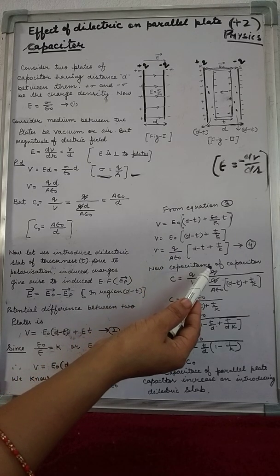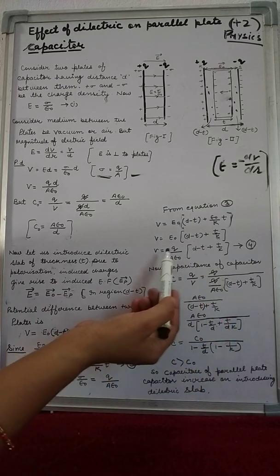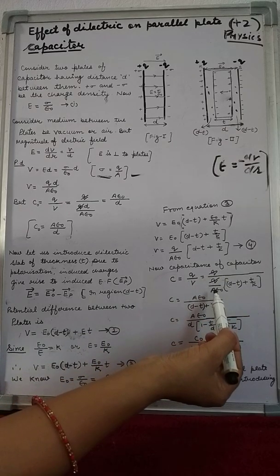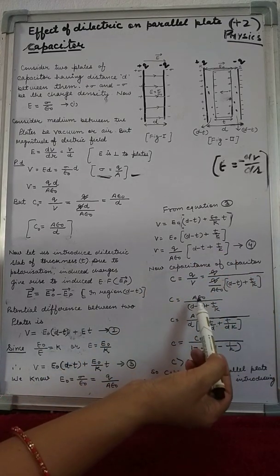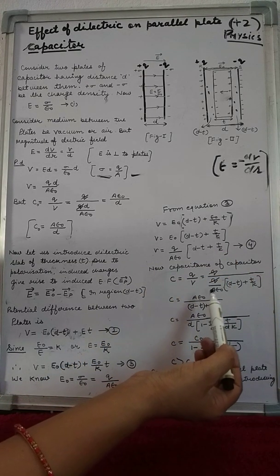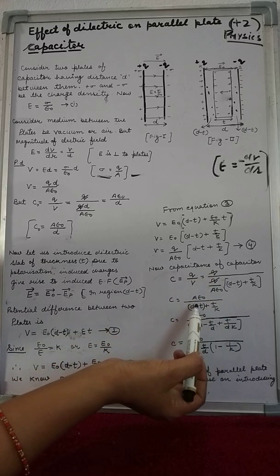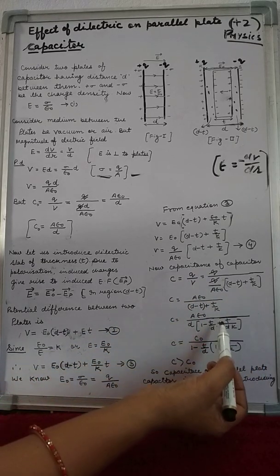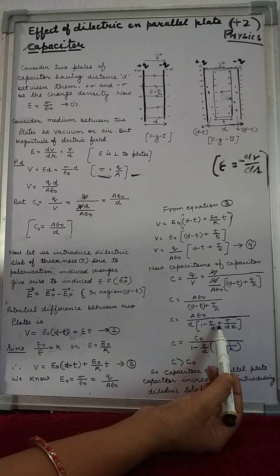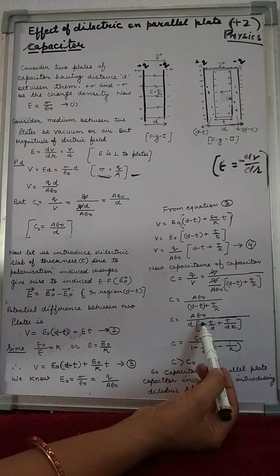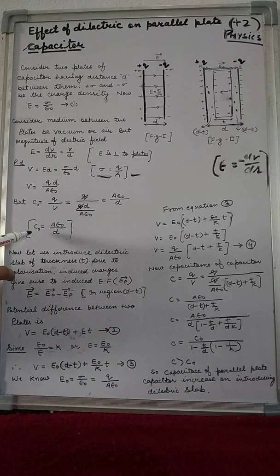Now we can calculate the capacitance of the capacitor, that is C is equal to Q upon V. The value of V is Q upon A epsilon naught into D minus T plus T upon K. So C is equal to A epsilon naught upon D minus T plus T upon K, with Q cancelling Q. If we take D common, we get A epsilon naught upon D, and A epsilon naught upon D is equal to C naught.